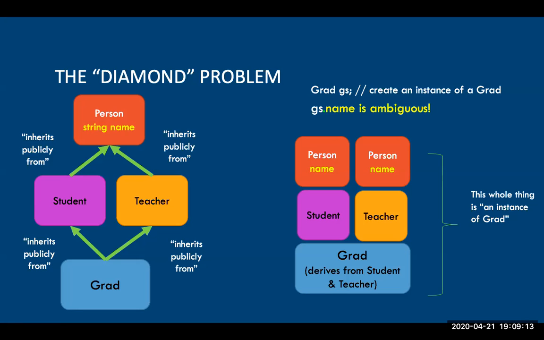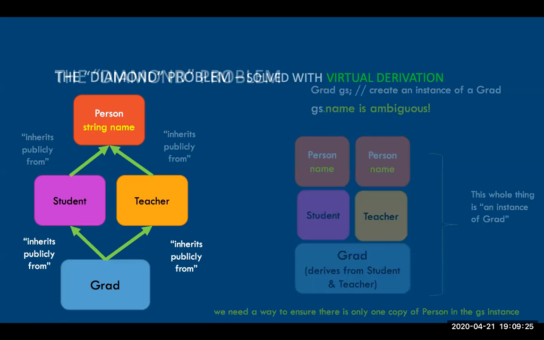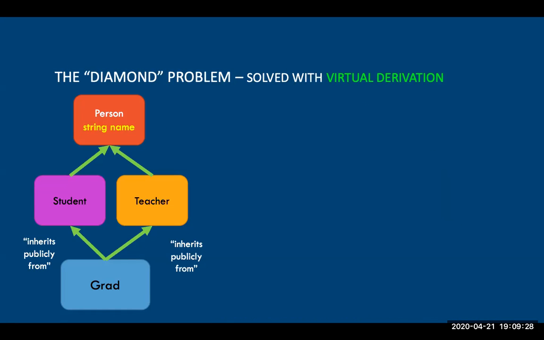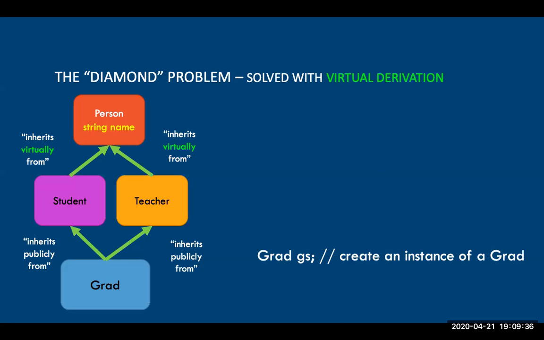Because if I change one of them and then I don't change the other one, it could cause all sorts of problems, right? So we really need to tell the compiler that we know what we're doing. We don't want that situation to happen, right? And so there is a form of derivation called virtual derivation. Unfortunately, it's another different kind of use of that virtual term, right?